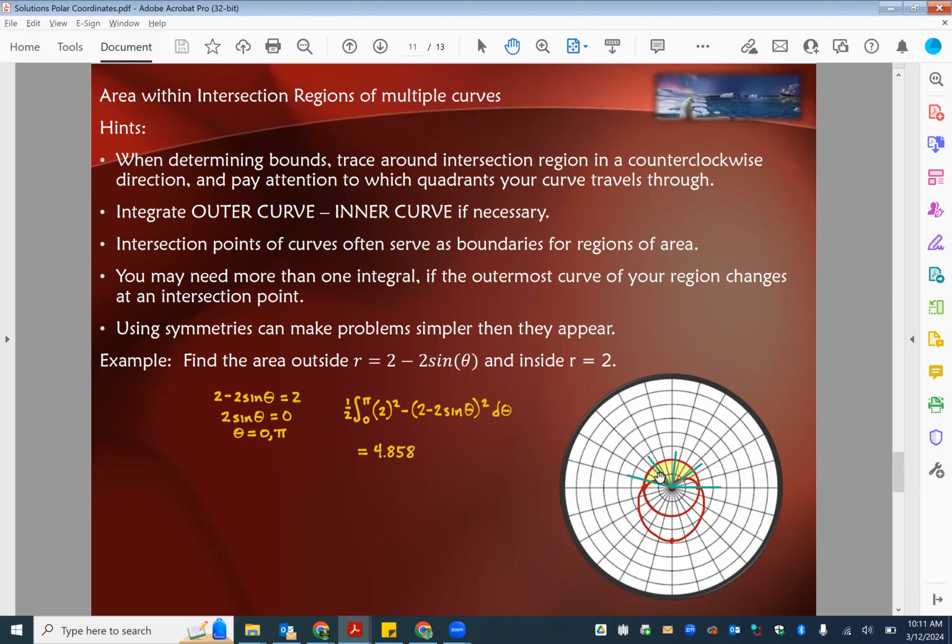And the shaded region that we want has the circle as the outside and the limaçon as the inner curve. So all of that points to us setting the two curves equal, finding a couple bounds, and then integrating with 2 squared minus the whole limaçon squared. That's going to give you that yellow area.